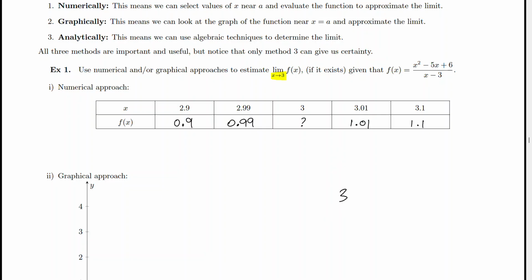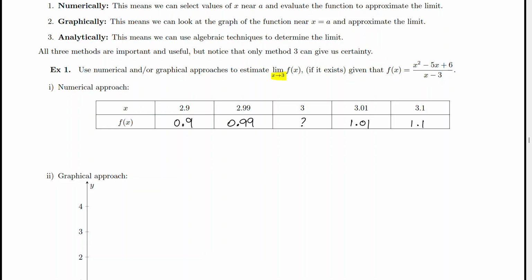So think of numbers like 3.0001 or 3.00527, 3.0000012, or 2.99782, for example. Some random numbers that are really close to 3, but not 3 itself.